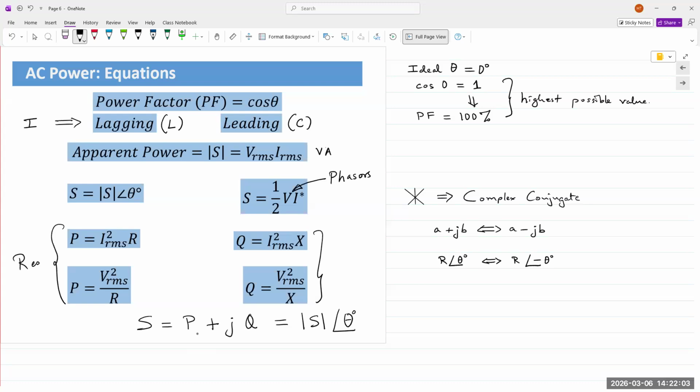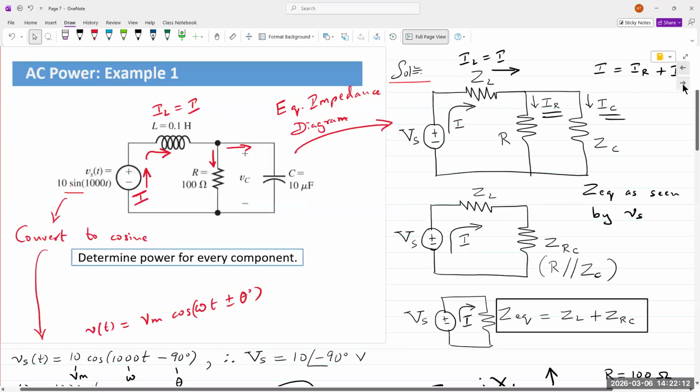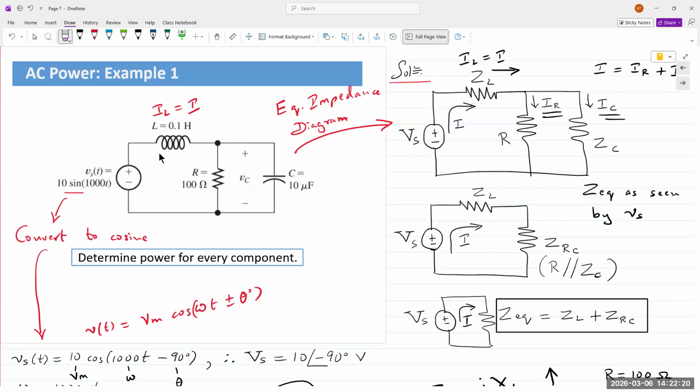Let's get to our example. Example 1, we have a circuit. Let's remove these notations for now.